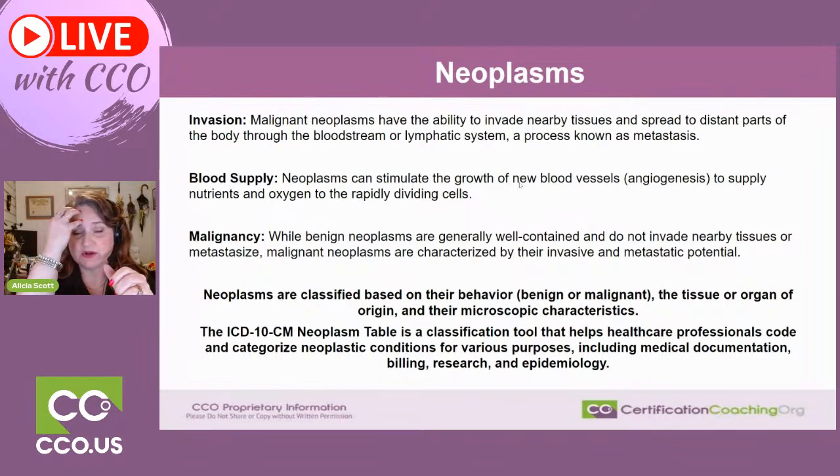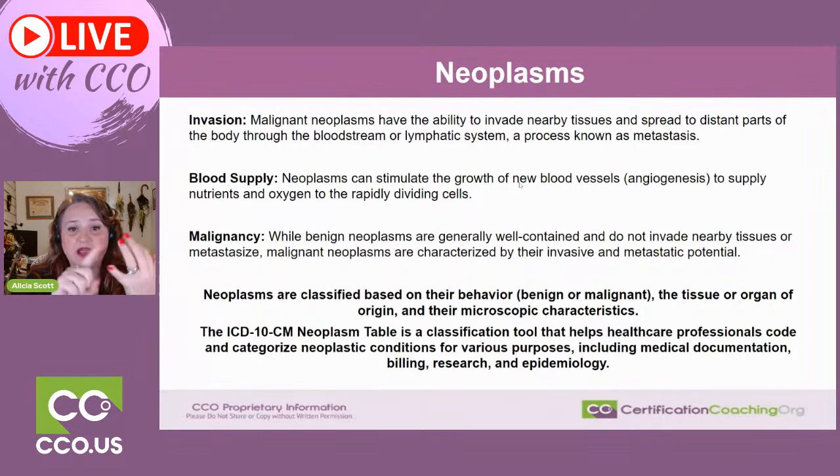So a tumor here, if it wasn't benign, it can end up in your brain, because the cells are so close to your brain, and it likes to float around your blood and lymphatic system. Then it starts messing with your brain cells, and you don't want skin cells in your brain either. We have to be aware that neoplasms are classified based on their behavior.